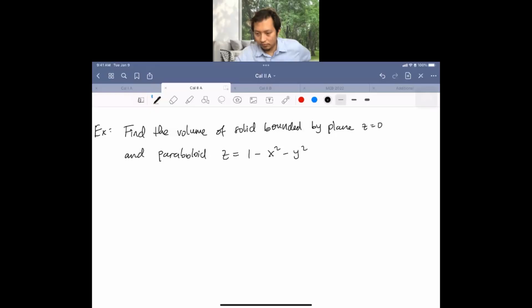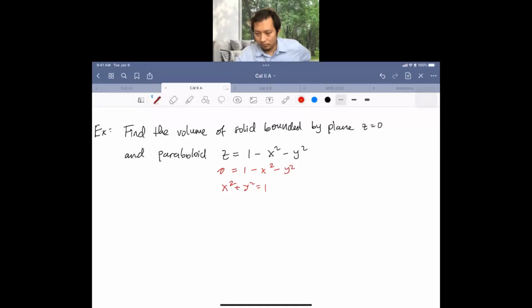Okay, so the plane z equals 0 is the xy plane, right? The projection of the plane z equals 0. And the paraboloid is z equals 1 minus x squared minus y squared. If we take z equal to 0, then we have a circle, precisely x squared plus y squared equals 1. So we can see that the paraboloid is above this circle.